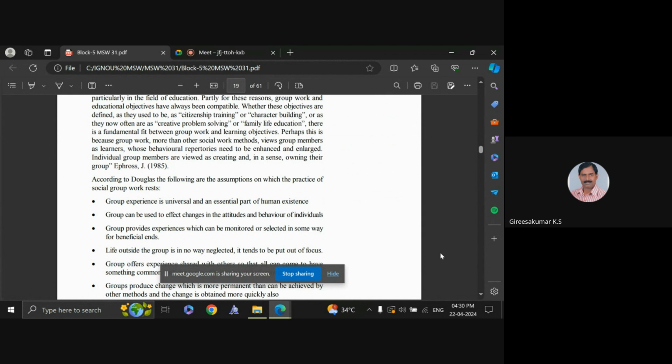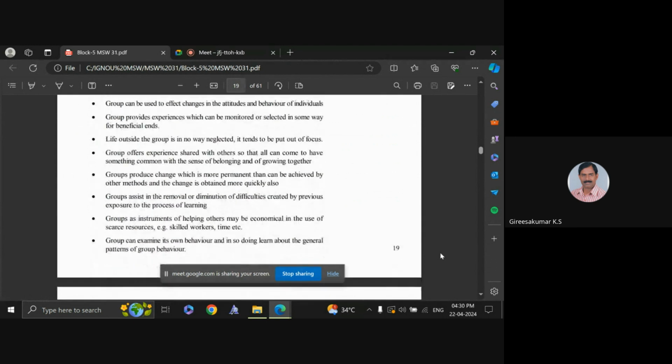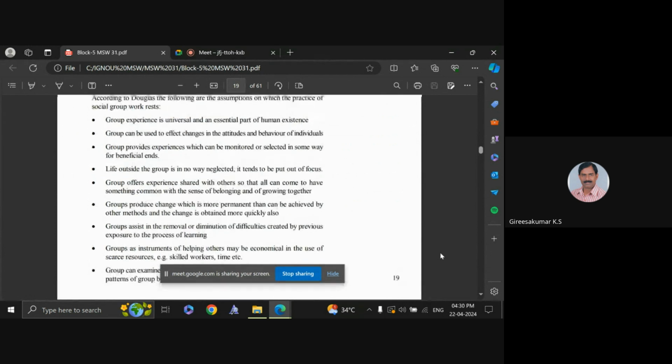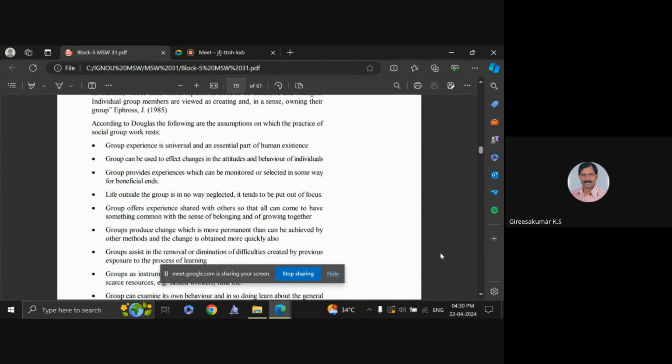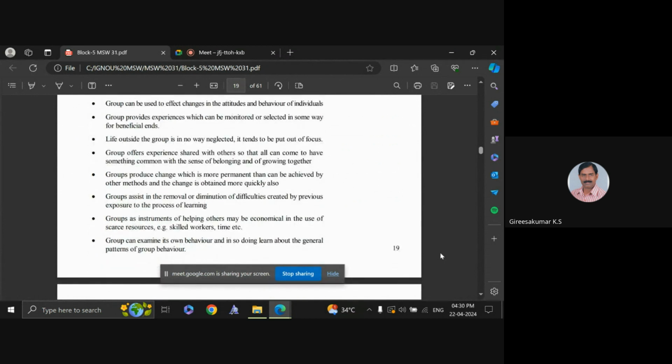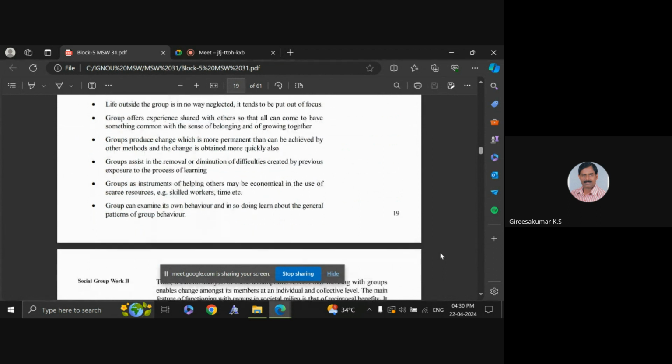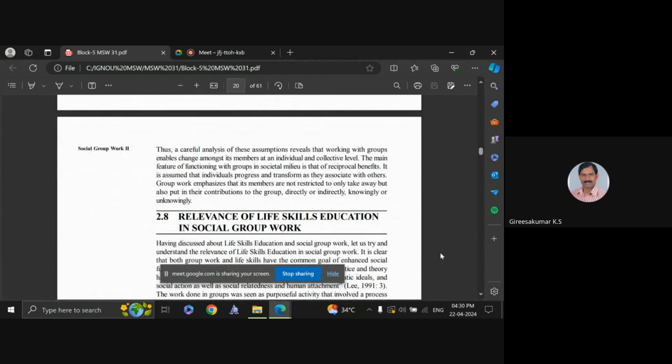Group provides experiences. So there are some qualities, that is, assumptions. Then groups as an instrument of helping others, maybe economical in use of scarce resources. These are all those assumptions.